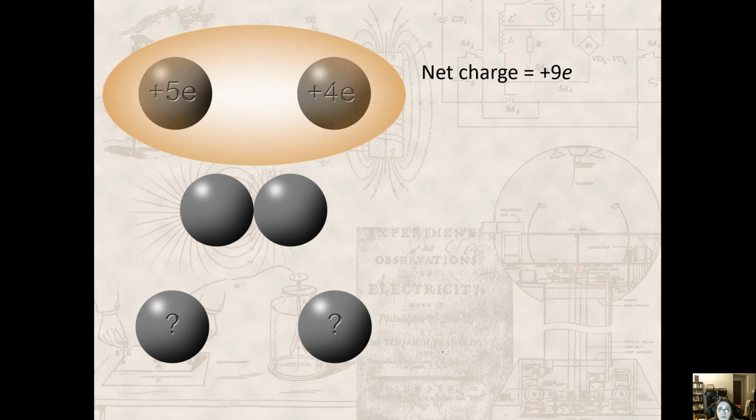Alright, so how about this one? We have a net charge of 9 elementary charges, so it's 5 plus 4 equals 9 elementary charges. And so what would it be between the two when they touch?